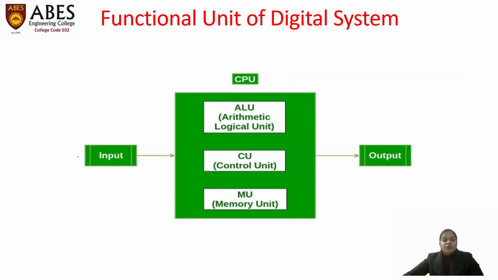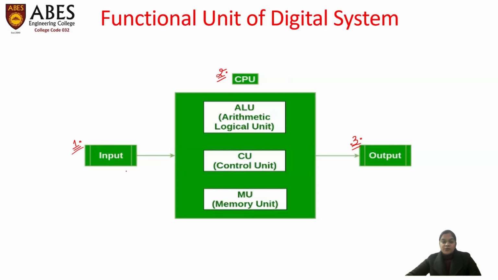The functional unit of digital system comprises three main components. First component is the input unit or input system. Second component is the CPU or central processing unit. Third component is our output unit or output system. The input system is basically a collection of those devices that give the input to the CPU.